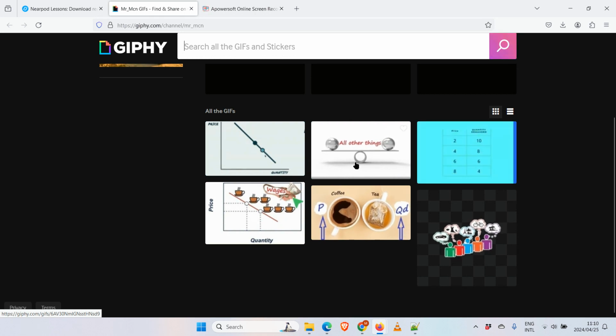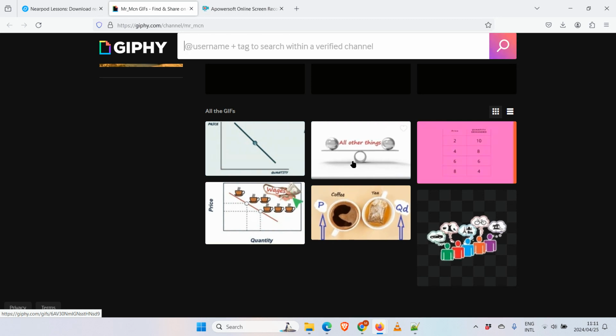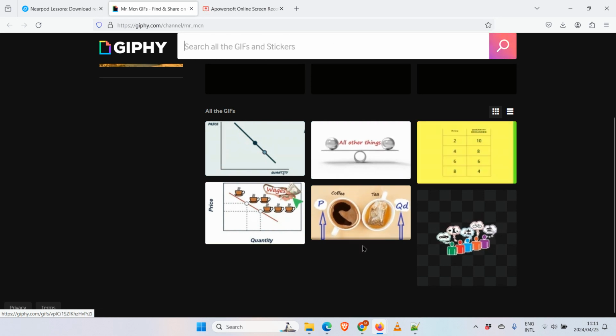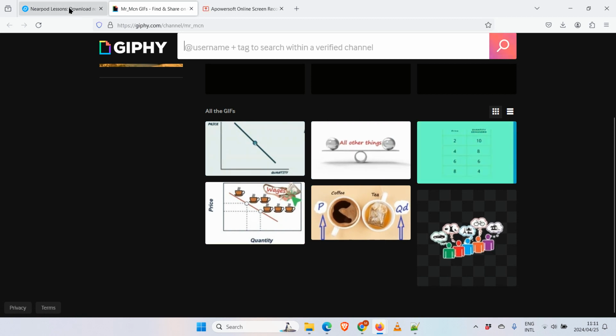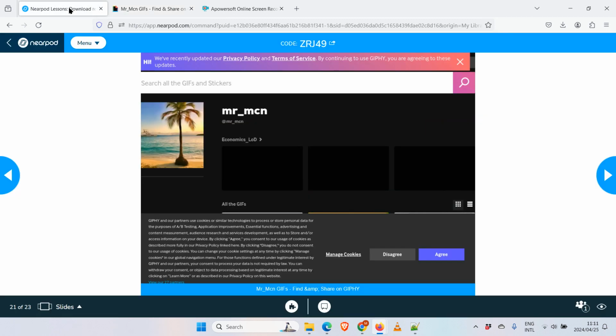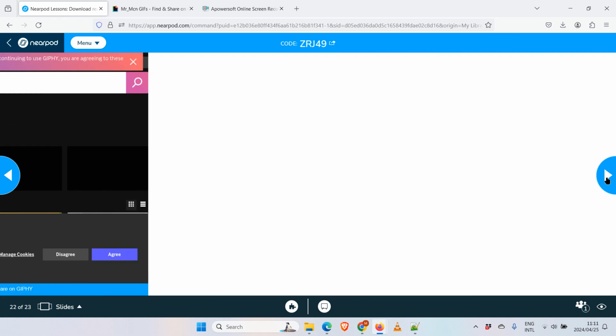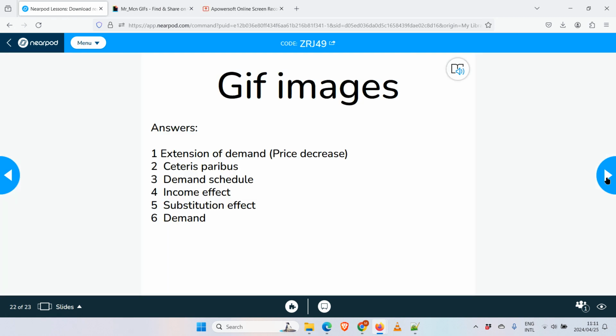Image number 2, all other things equal, that would be the ceteris paribus assumption. So these 6 images are what the students will have to identify. Just a recap. If we move on next, I'm giving the answers here for the students, the 6 images identified there.